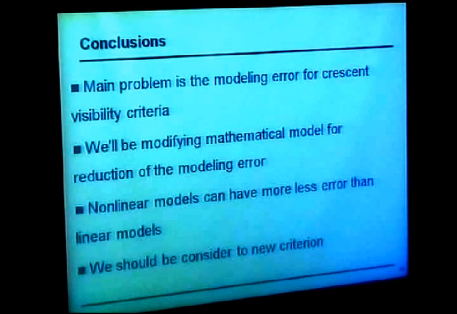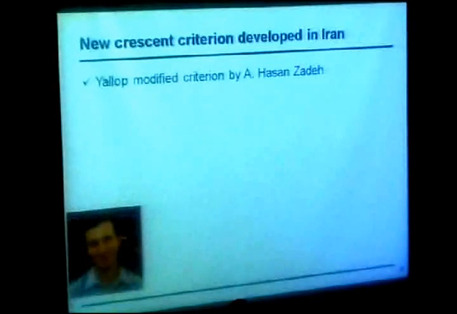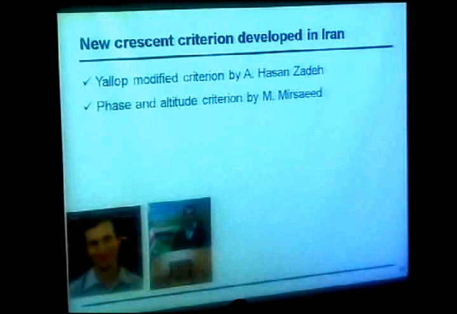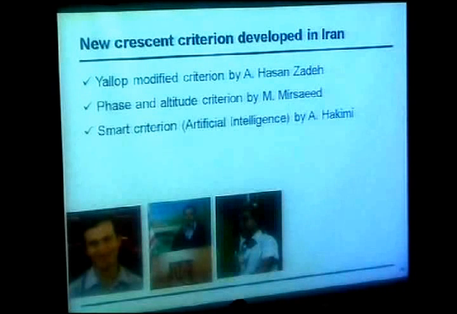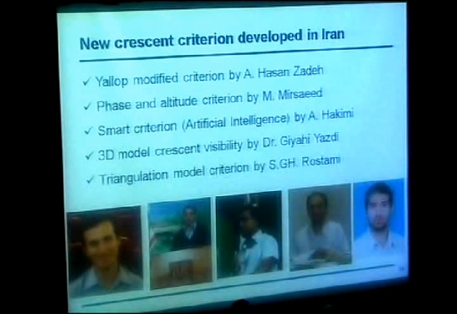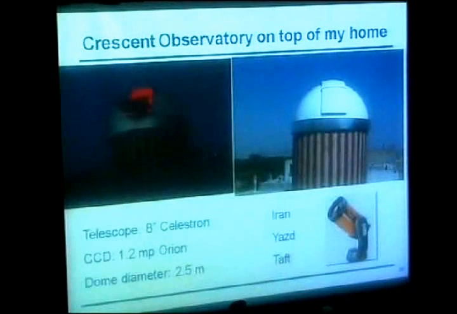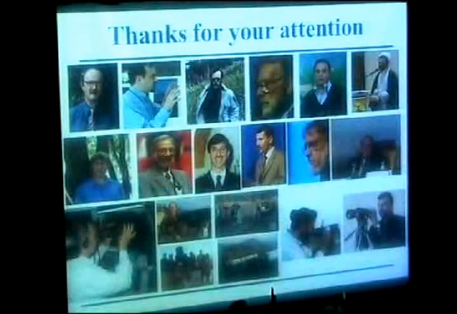We should consider new criteria such as Yallop modified by Mr. Hassanzadeh, phase and altitude criteria by Mr. Mir Said, SMART criteria by Mr. Hakimi, the three-dimensional model of crescent by Mr. Yazdi, and triangulation models by me. This observatory is on top of my home, and thanks for your attention.